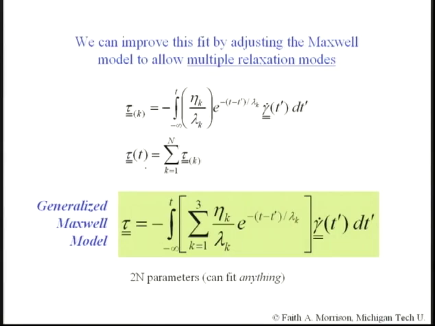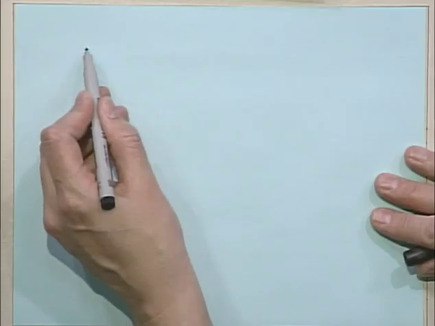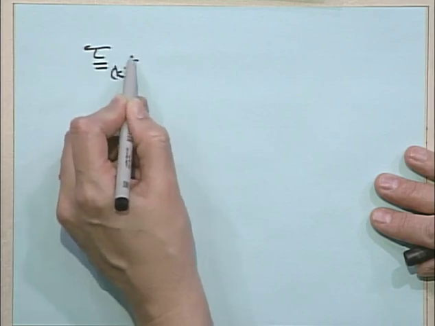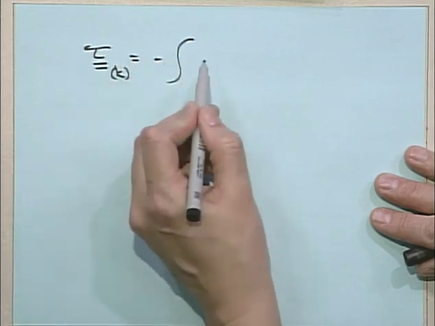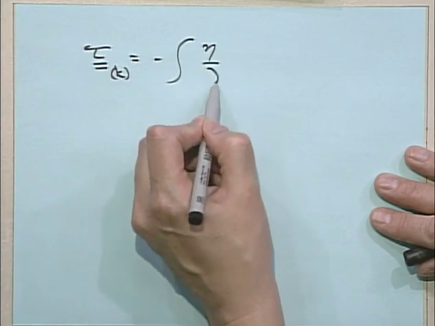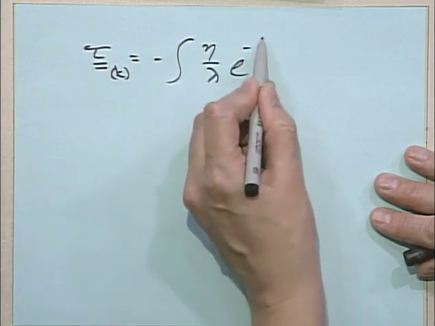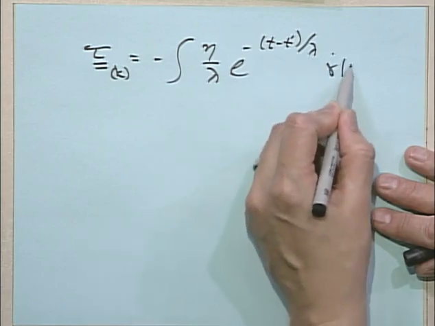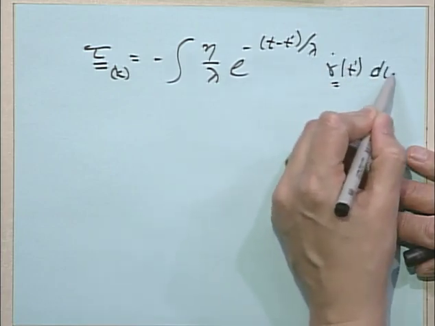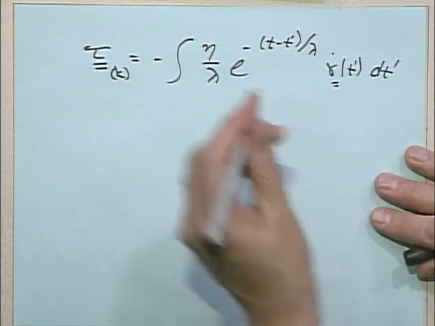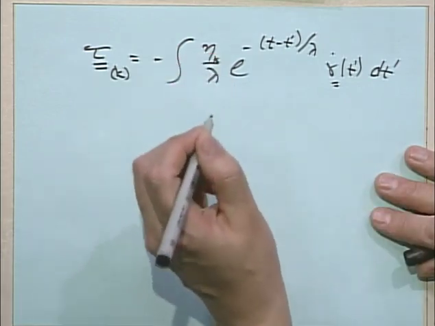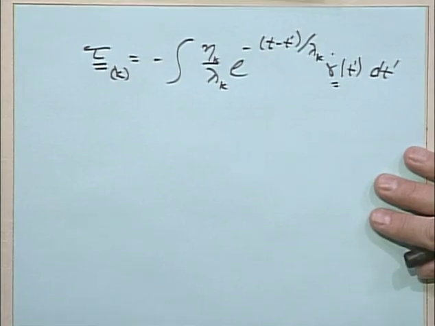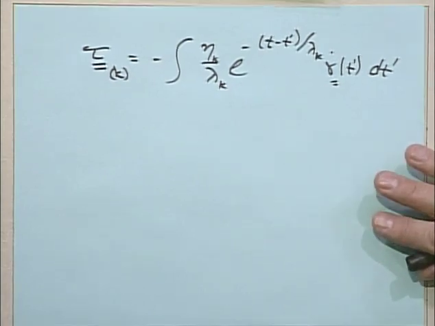So I take my constitutive equation and I say, I'm going to call this the kth contribution, and it's going to look just like the usual contribution, e to the minus t prime over lambda, gamma dot at t prime, dt prime. But there'll be a different value of eta, a different value of lambda for every one of these kth contributions.